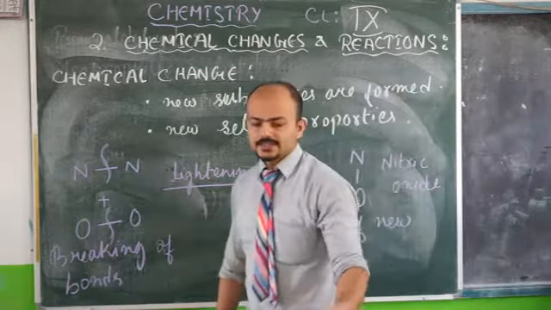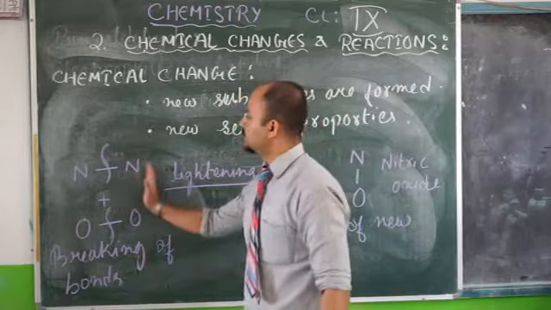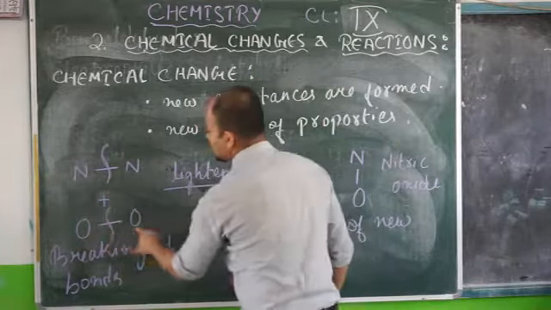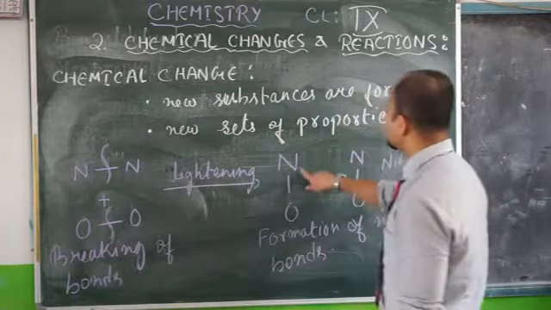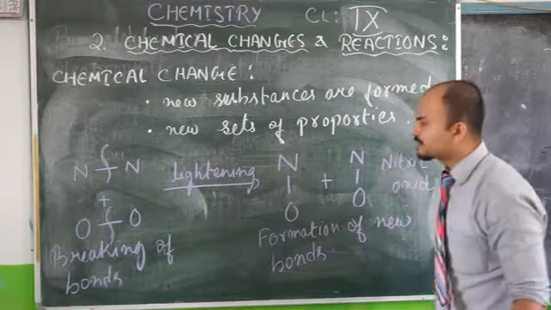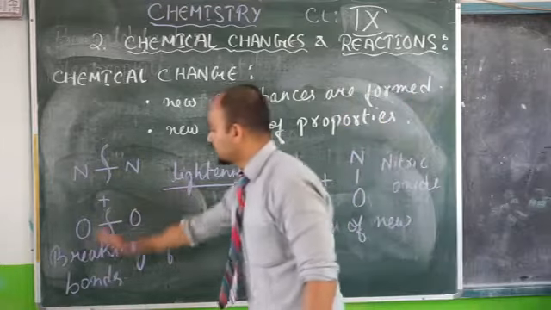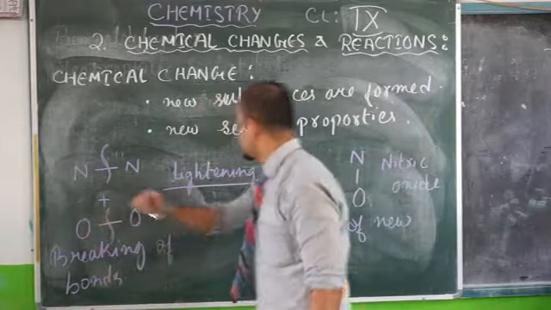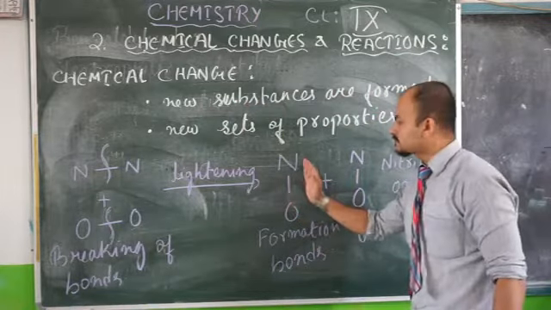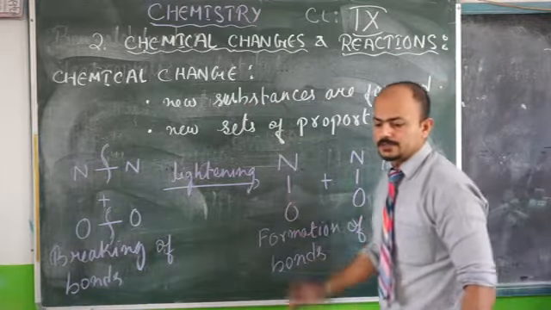So what's the difference? On your left hand side you have 2 atoms of nitrogen, 2 atoms of oxygen. On the right hand side also you have 2 atoms of nitrogen, 2 atoms of oxygen. The difference lies in breaking of the bond. Here the bond has broken, and here a new set of bonds has been formed between nitrogen and oxygen.